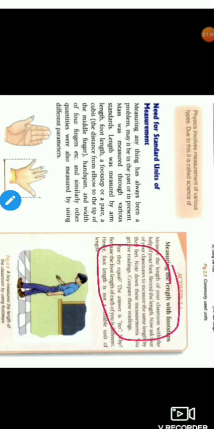We can't measure things with these kinds of units. Earlier, when there were no particular standard units, people used to measure things with the hand span, with the fingers which we call anguls.